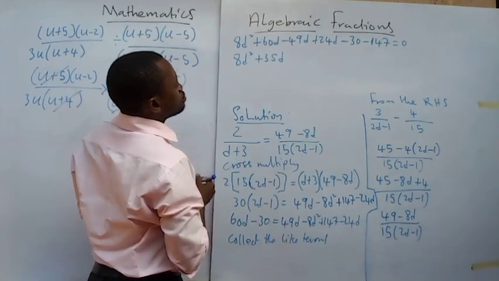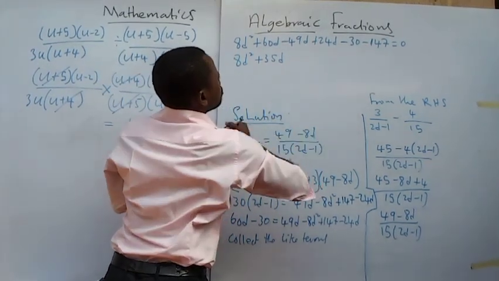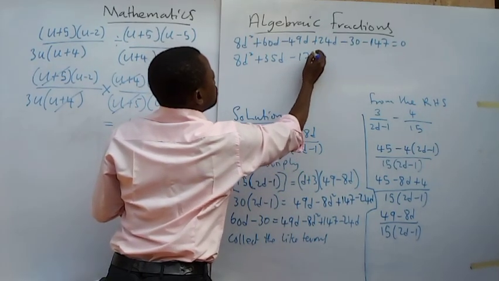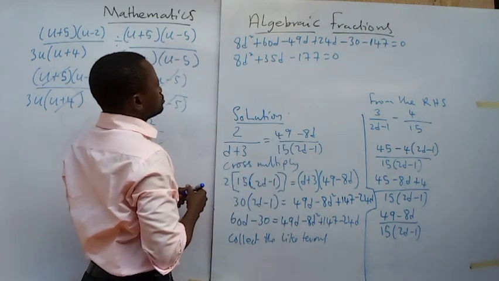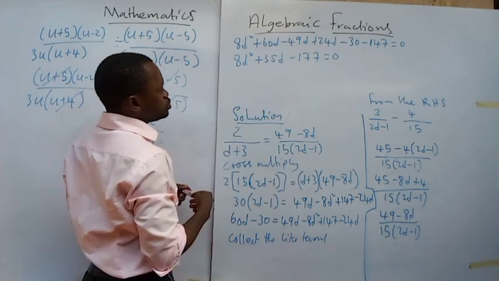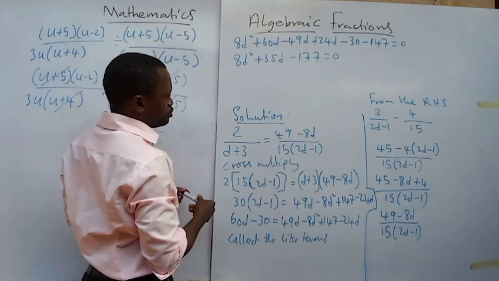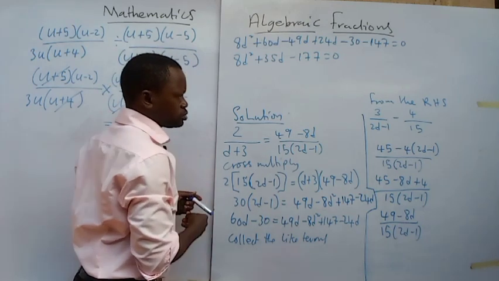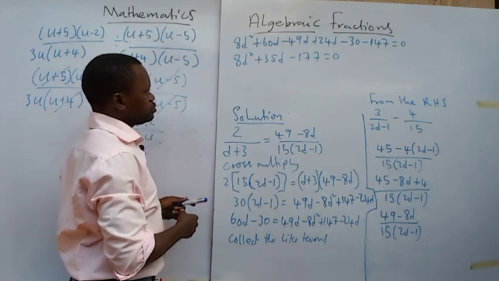Then we have minus 30 minus 147, that's minus 177, equals to 0. So we have this quadratic equation now to simplify and find a value for d. These are algebraic fractions resulting to equations.